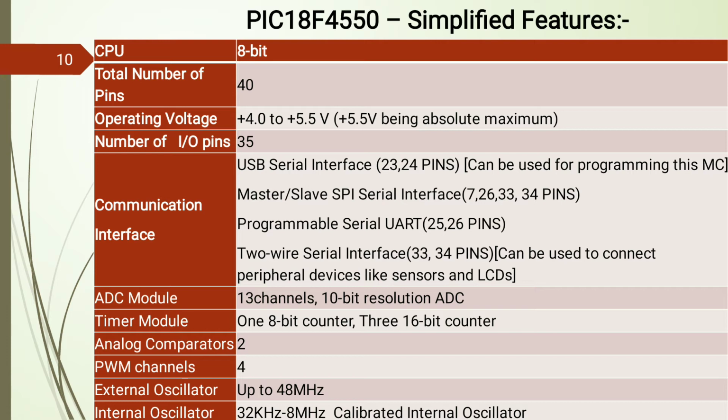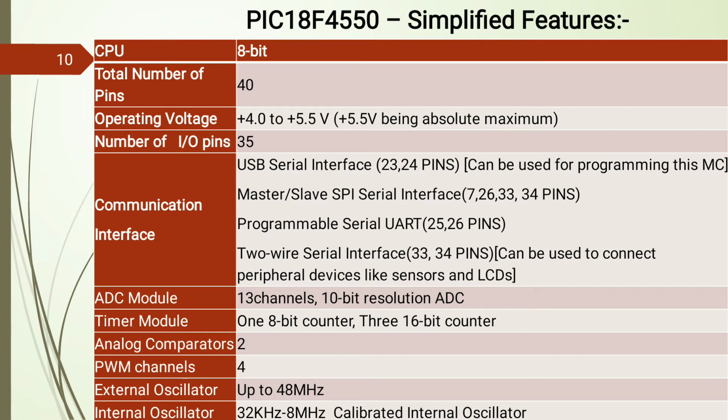So the number of timers is more. One 8-bit timer counter and three 16-bit timer counters are available. As per our requirement, we can select either 8-bit or 16-bit timer counter. Analog comparators are two, that is V reference plus and V reference minus. PWM channels are 4 instead of 2 in the previous version.